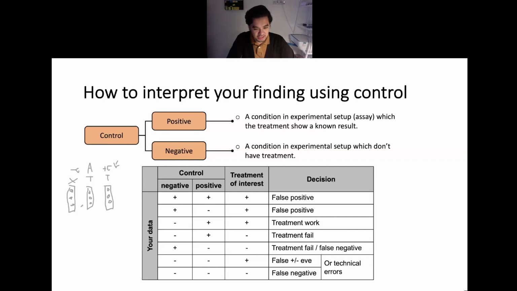Another situation is when you have your treatment, in this instance, you don't see any performance difference between your negative control and your treatment, doesn't show any differences in terms of growth, while your positive control has a better performance, it does grow better, produces more yield. This indicates that your treatment with the hormone A does not work. Okay, it depends. Sometimes it could be good news, sometimes it could be bad news. But it is your finding, that is your data.